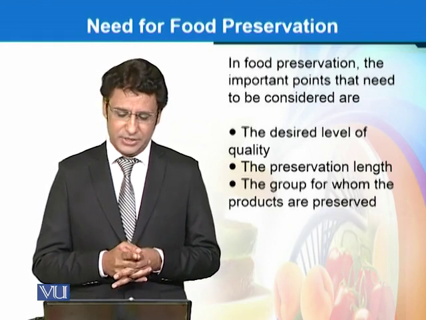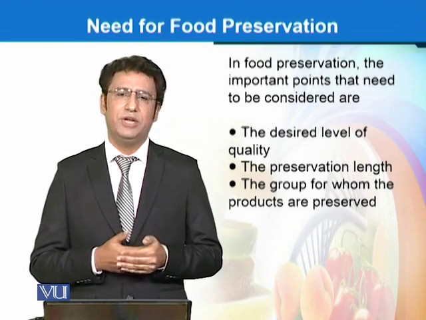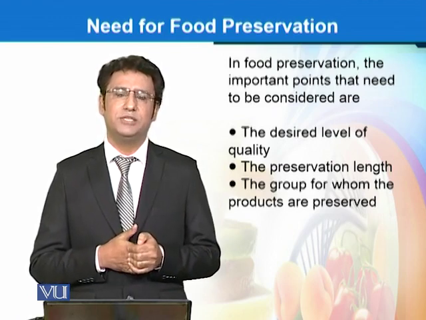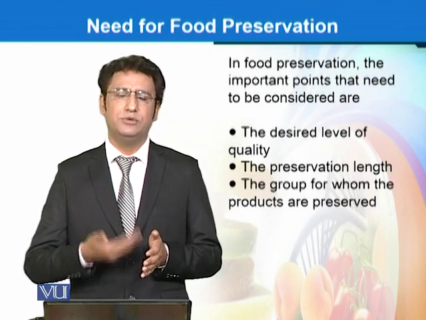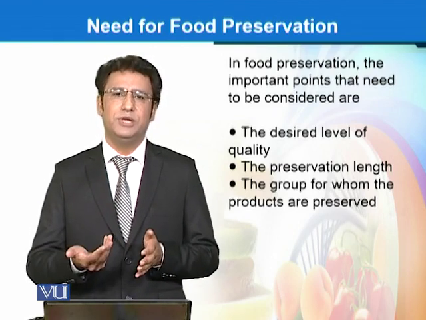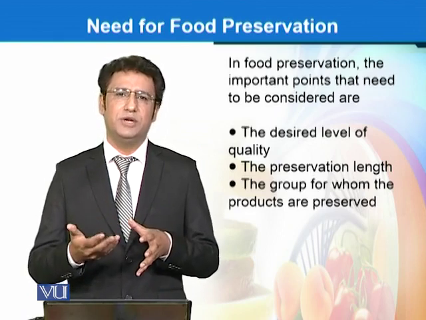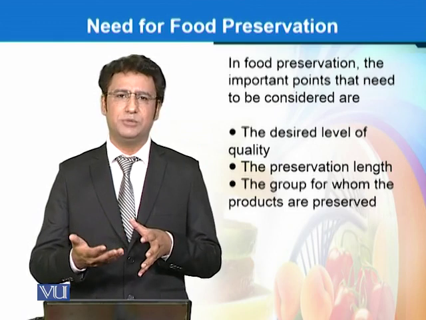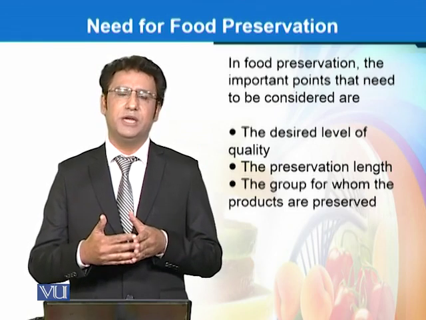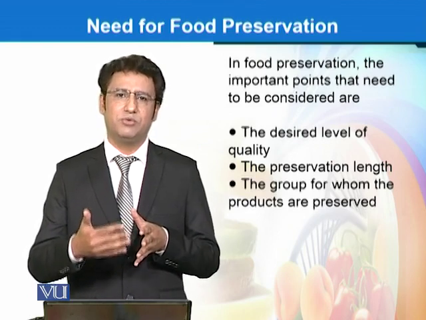And the last factor is the group of people for whom we preserve food. We need to look at whether we are serving any specialty end users who need to consume that food. So we need to look at the dynamics of the market. For example, what kind of food is consumed by what kind of people, at what time, and in what form the food is required by these people.